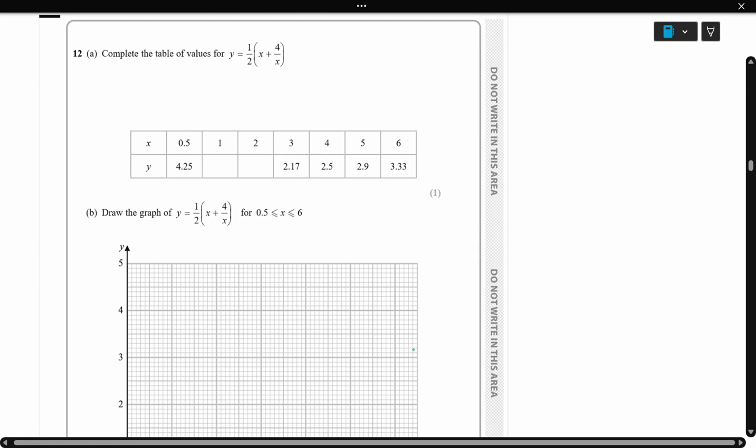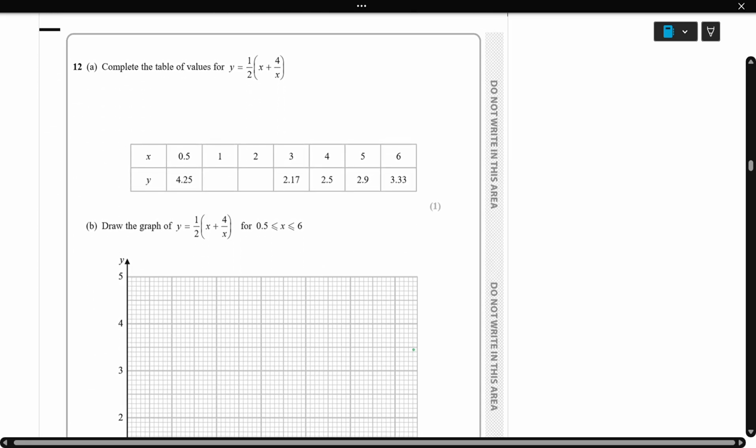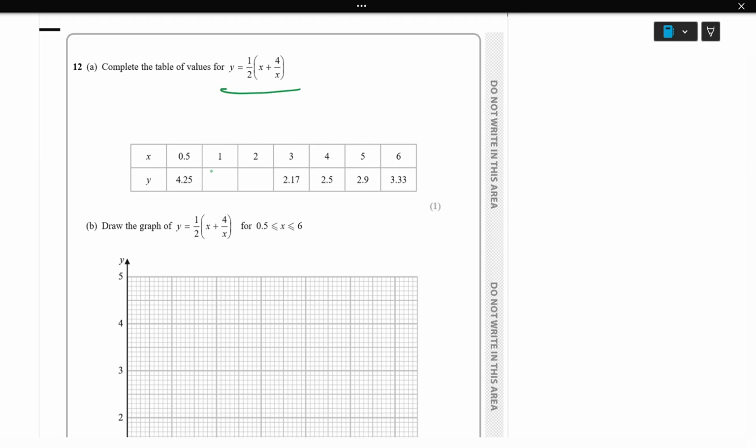Next, question 12. Complete the table of values for y equals the equation given. So here we need to find y when x equals 1. When you plug in 1, it will become 1 by 2 into 1 plus 4 over 1. So 1 by 2, when we take 1 plus 4, is going to be 5 by 2, which is 2.5.